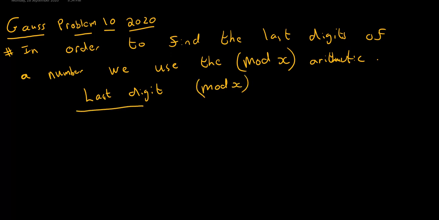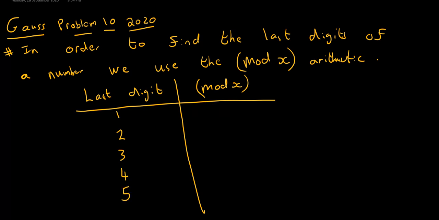So you can pause the video and try and work out these values. So to find the last digit, last two digits, last three digits, last four digits, and the last 5 digits, pause the video and tell me which mod we're going to be working in.